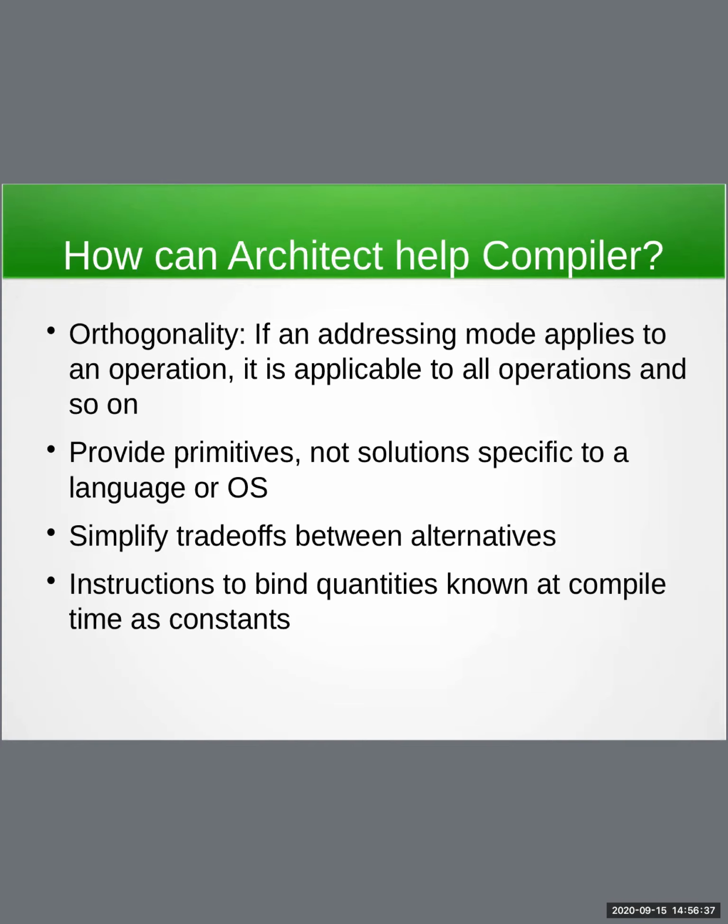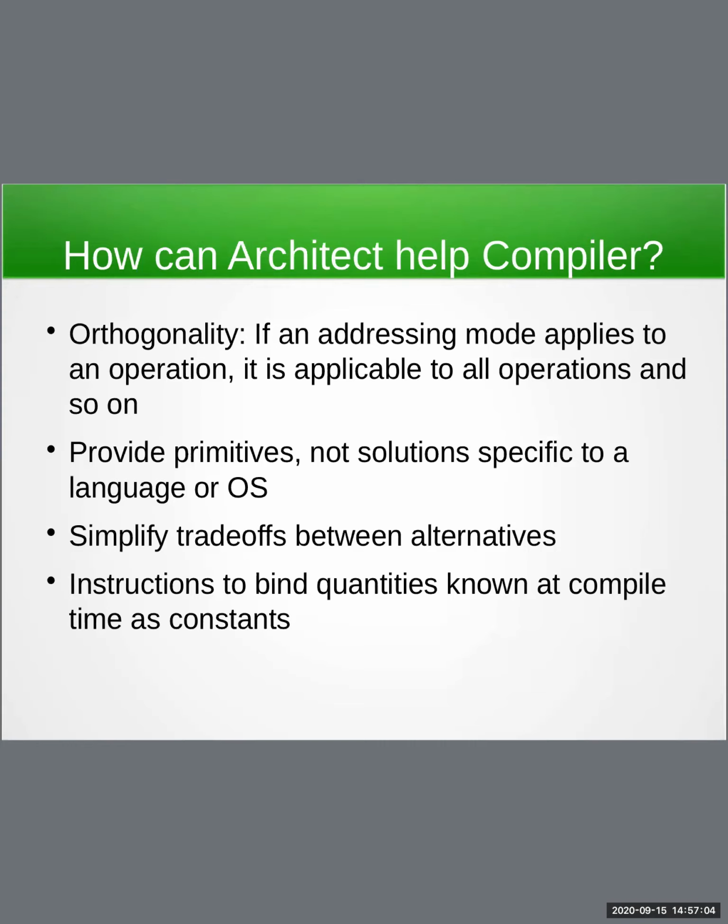Similarly, the general registers are not used for floating point operations. There are special floating point registers for those. So that is not orthogonal either. So when the compiler is allocating registers to floating point variables, it will allocate from the floating point registers. For other variables, it will allocate from the general purpose registers.